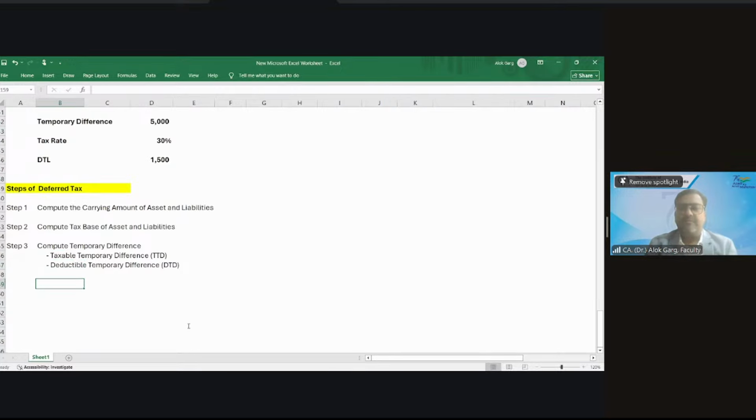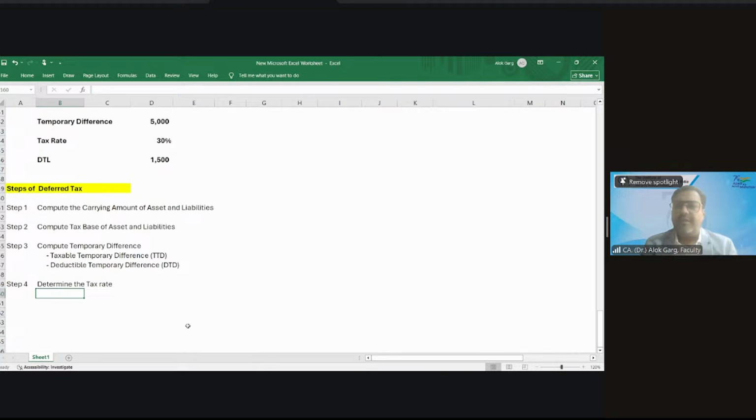Then what? Step number 4: determine the tax rate. In the question, you will have been given a tax rate, probably for the current year, and also a tax rate which is substantively enacted.